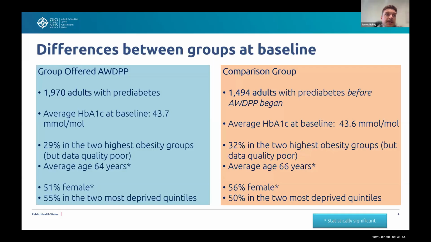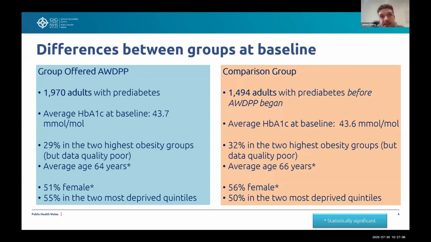We undertook an intention to treat principle. We had 1,970 individuals who were offered the AWDPP, and we looked at outcomes 12 months post baseline HbA1c against a comparison group, and that consisted of 1,494 individuals.